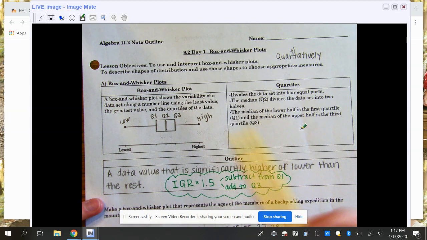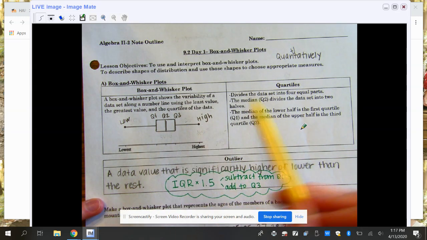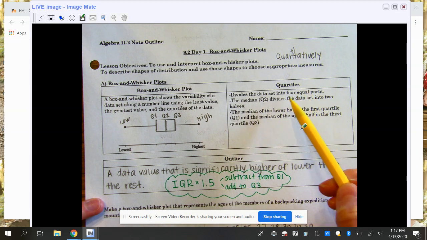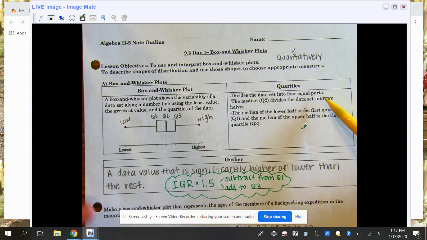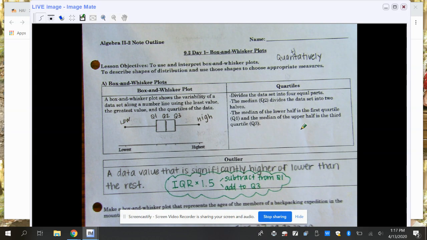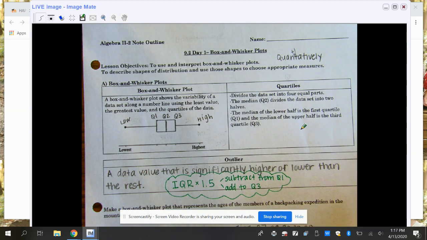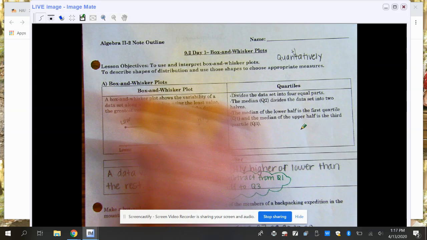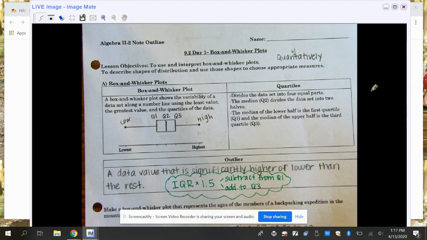These 4 little sections divide your data into 4 equal parts. So for example, if you have 20 pieces of data, each little section would have 5 pieces of data in it. And if it's not evenly divisible by 4, your medians will look a little bit different, which we will talk about when we run into that.